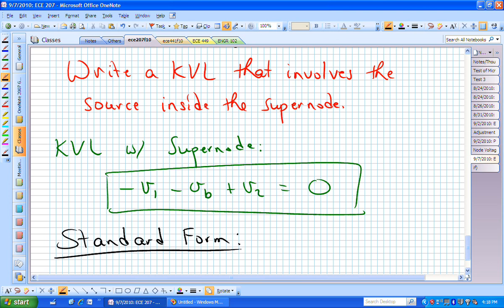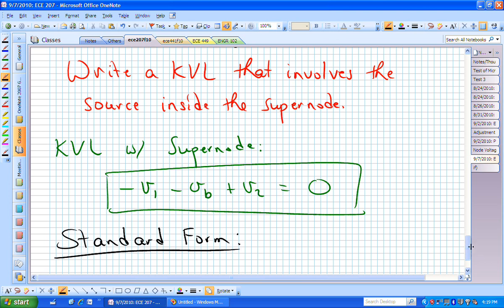That's KVL, and you haven't done anything wrong. You've just written a KVL equation in terms of your two unknowns and your given independent voltage source, V sub B, and you have obeyed the polarity signs that you created. Does that help answer?